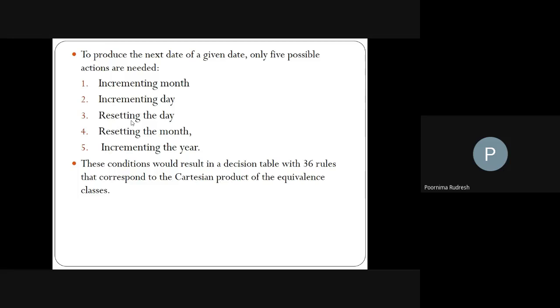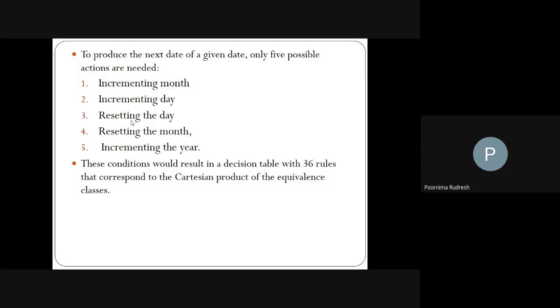Then the program computes the next date. So what will be the next date? Here, the next date becomes January 1st, 1997. So in this case, what happened? The day is incremented, the month is incremented, as well as the year is also incremented. So incrementing the month, incrementing the day, and incrementing the year, all three outputs we are going to get in the next date function.